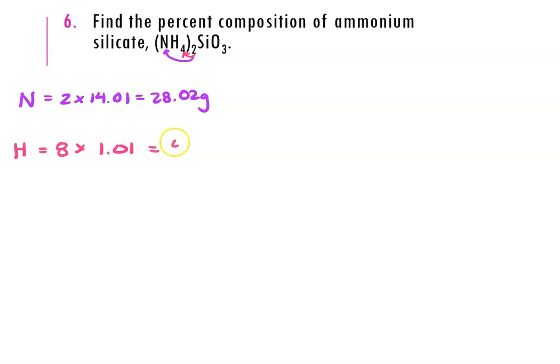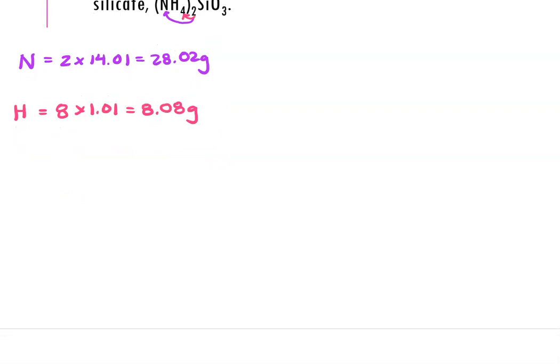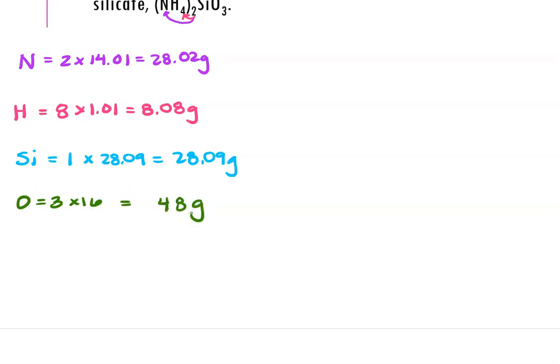Mass of hydrogen is 1.01, so I get 8.08 grams. And then I have silicon, which I only have 1 of. There's no parentheses around it, so there's nothing doing there. And I get 28.09 grams. And then I have oxygen, which I have 3 of, times 16 gets me 48 grams.